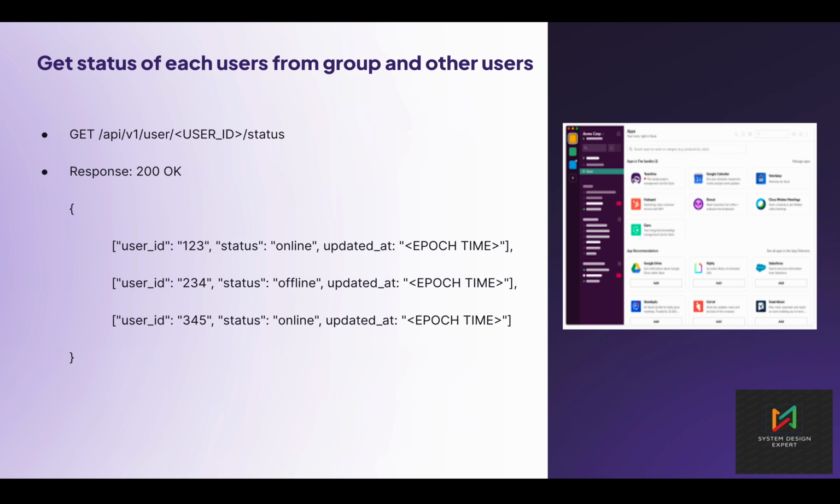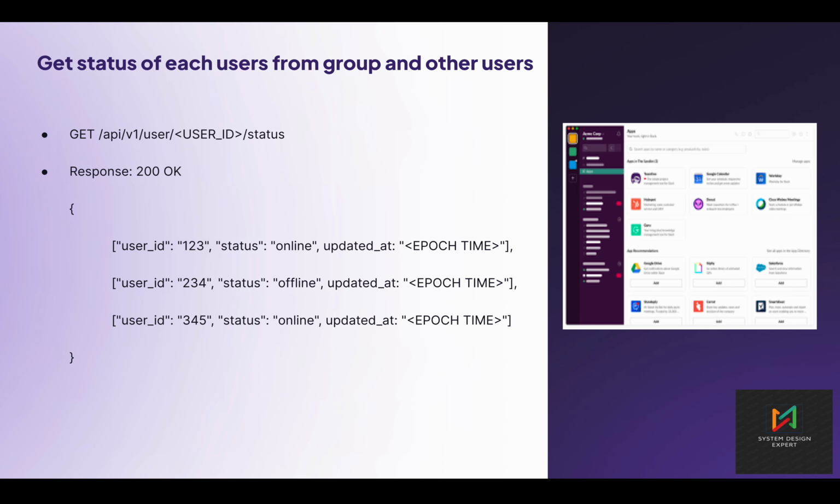It is going to be a GET API, API slash v1 slash user. For this specific user ID, we want to get all the statuses. The response is going to be 200 OK, with a response format that is an array of objects, and for each object we are going to see, hey, for this user what is the status and what is the updated at time. So in this case, user 123 say status is online, updated 2 minutes ago, something in terms of epoch.